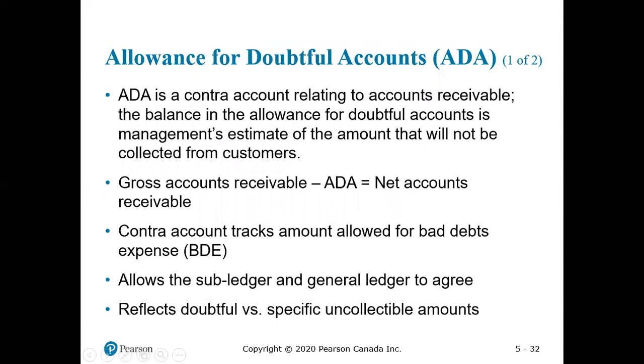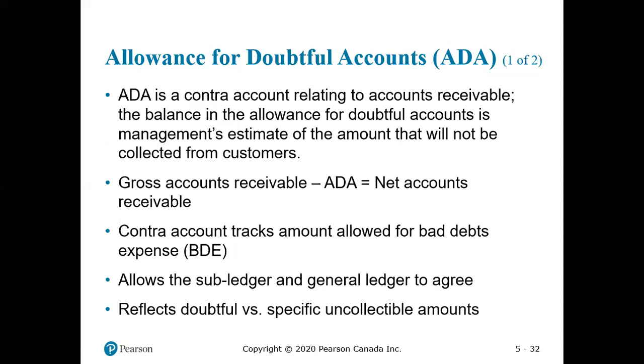Allowance for doubtful accounts, which your textbook calls ADA. I'm used to calling it AFDA, so both of those mean allowance for doubtful accounts. Allowance for doubtful accounts is a contra account relating to accounts receivable.